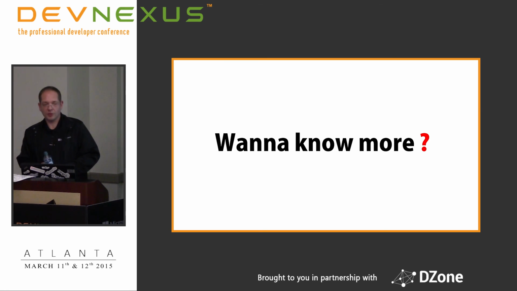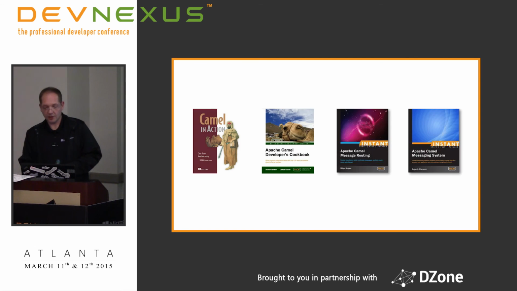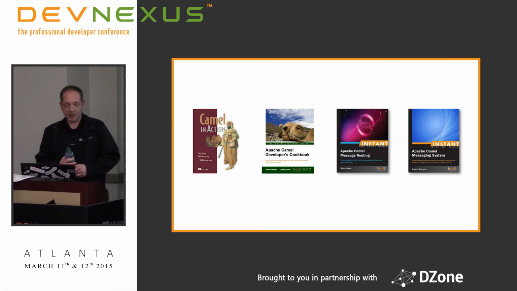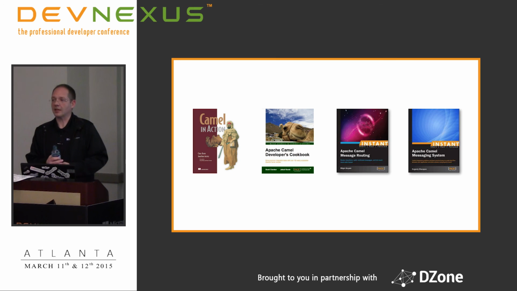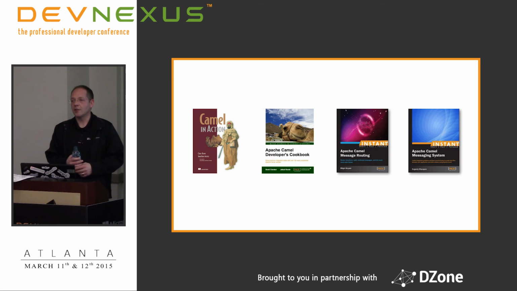What could you do if you want to know more than I covered today? There are actually a bunch of good books. Camel in Action is written by Claus Ibsen, who is the Mr. Camel. If you ever get a chance to listen to him, it's very inspiring. The book is an easy read, very complete.